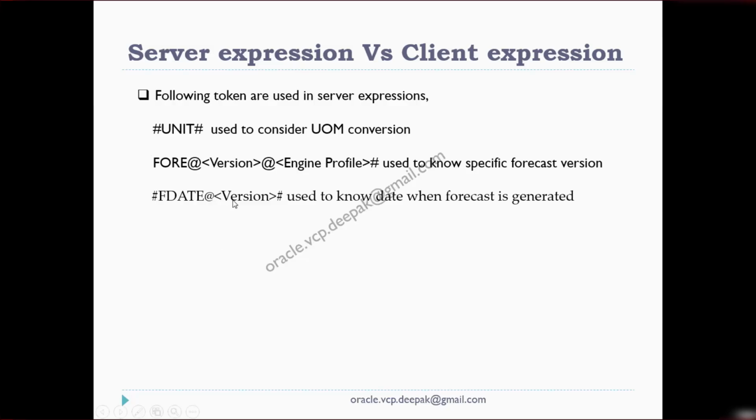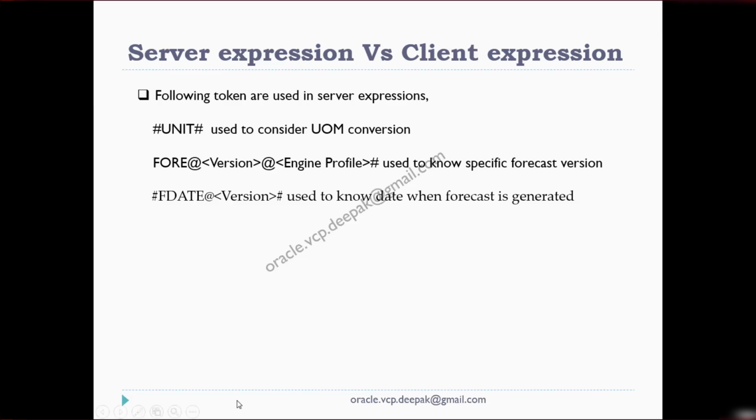So this is for fdate. This will return a date and this will return the forecast quantity. Okay. If you don't mention the engine profile, then it will use the base engine profile, and it will show you the forecast accordingly.